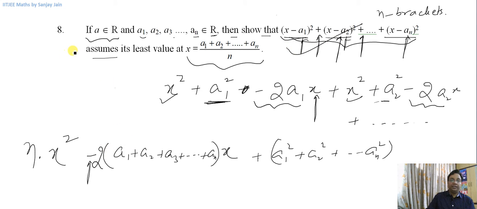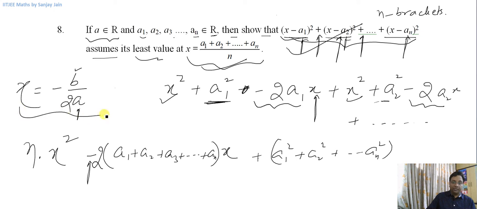Now I need to find that it assumes its least value at this value of x. If you have watched the lectures on maximum value and minimum value of polynomials, you will know that we obtain maximum or minimum value of the polynomial at x equal to minus b upon 2a, where b is the coefficient of x and a is the coefficient of x squared.